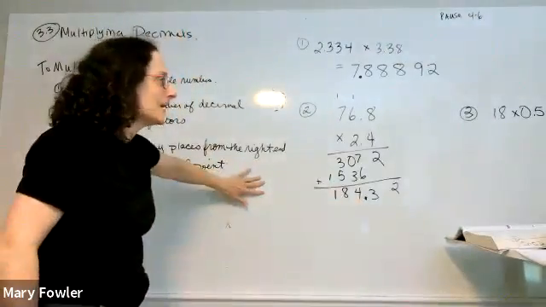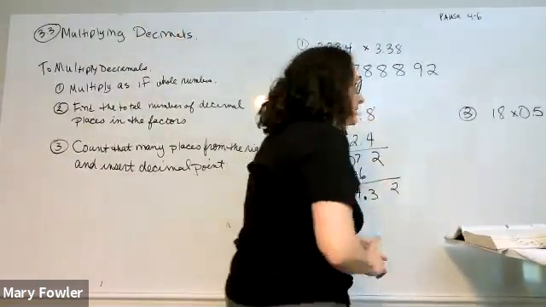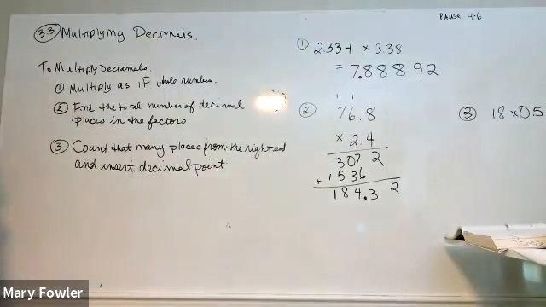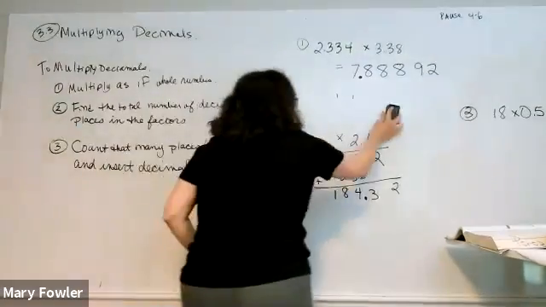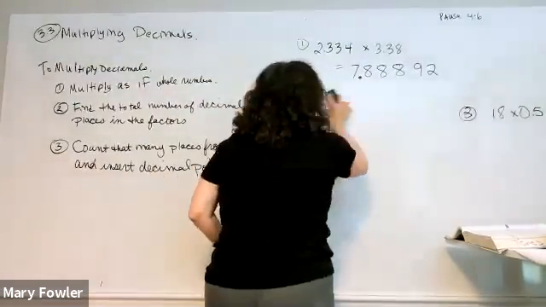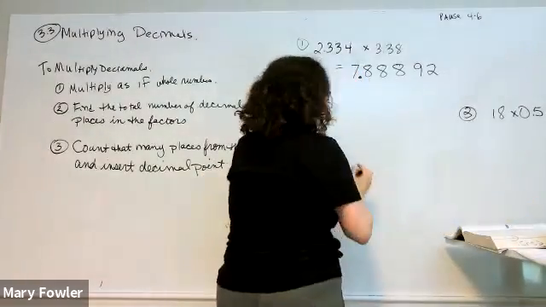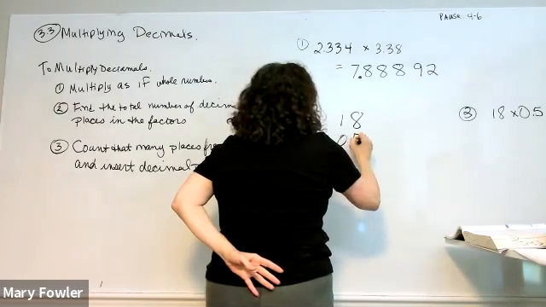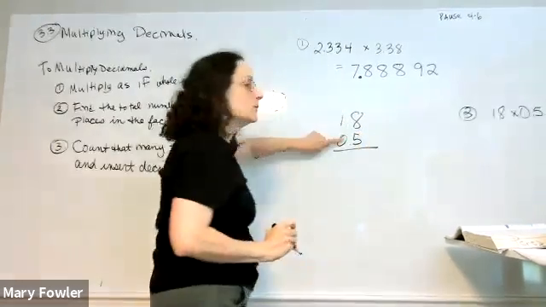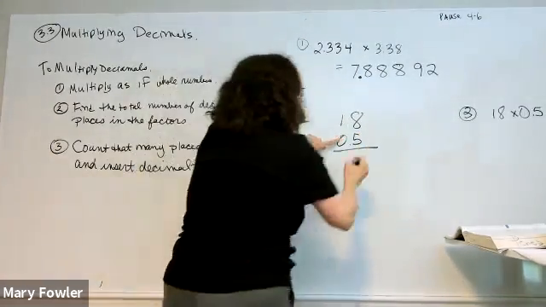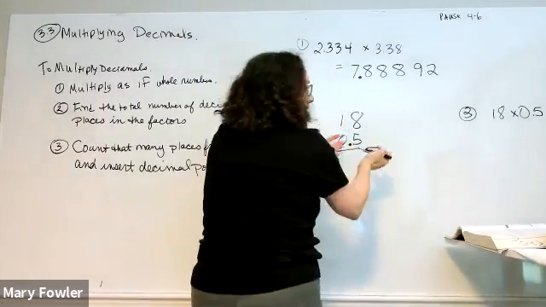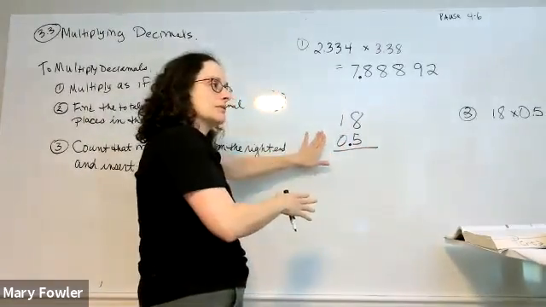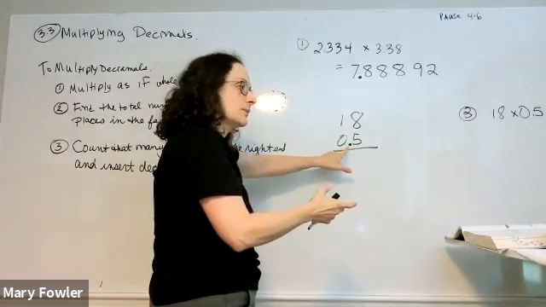Good. Okay. So 18 times 0.5. I'm just going to move it over a little so I can reach it more easily. We can ignore the 0 that's to the left of the decimal point. It is just there to help us recognize the decimal point.